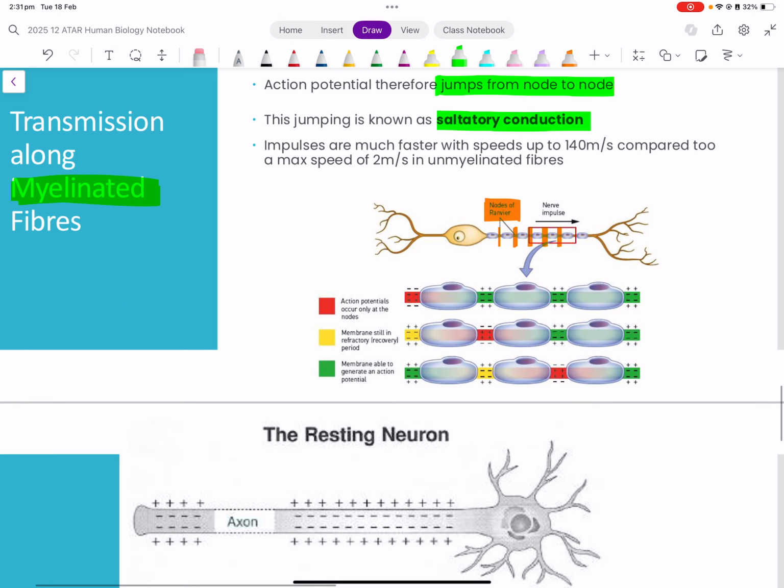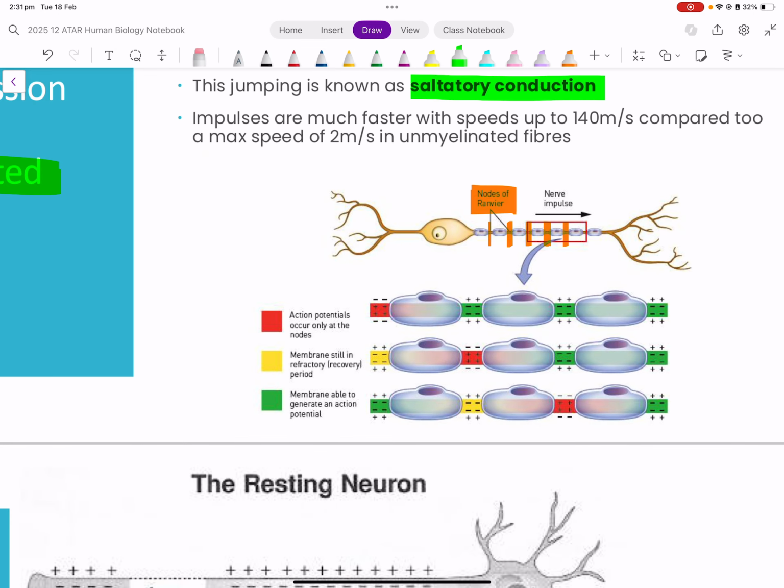Well, similar idea, but this time, because these Schwann cells, I'll get my yellow highlighter here, block the extracellular and intracellular fluid, the nerve impulse and the action potential can jump from node to node. That's what we're gradually seeing in this image here: when the action potential causes that influx of sodium, it gradually changes the extracellular concentration of sodium, leading to slow depolarization in the next available part of the axon.